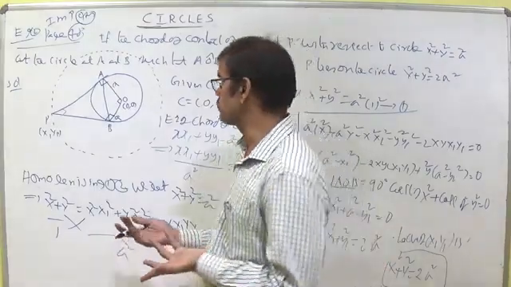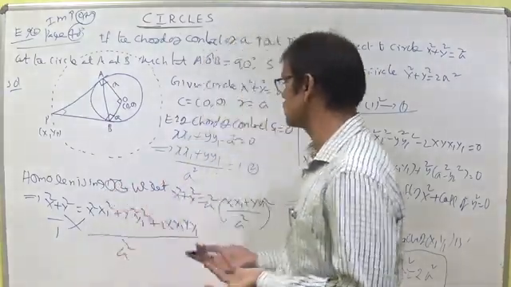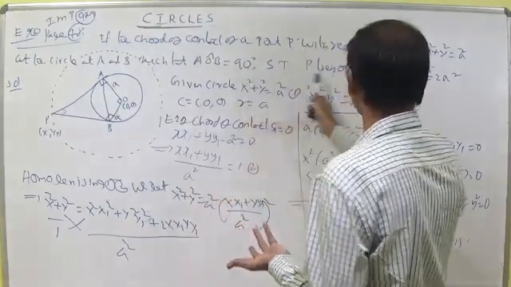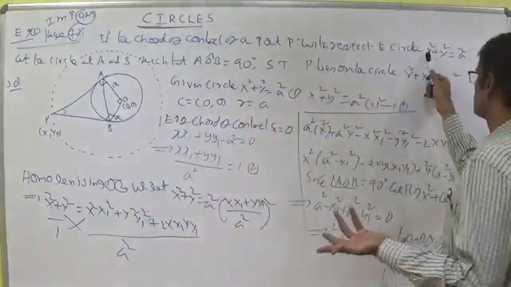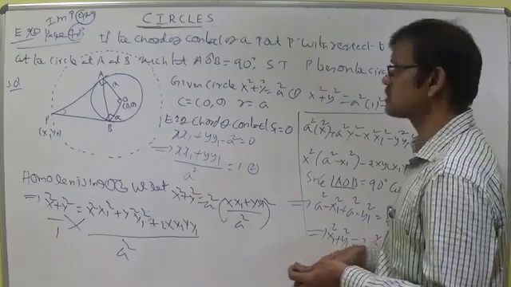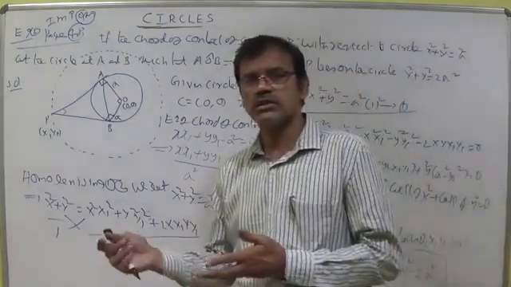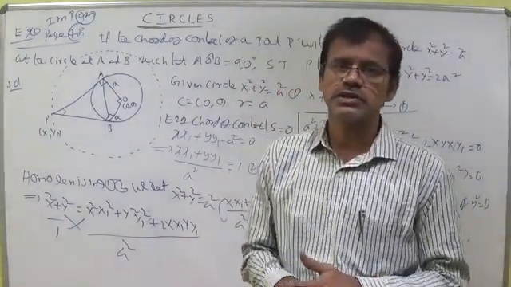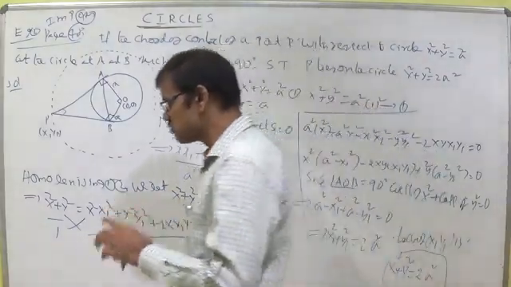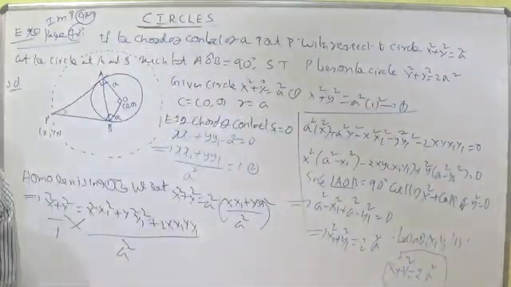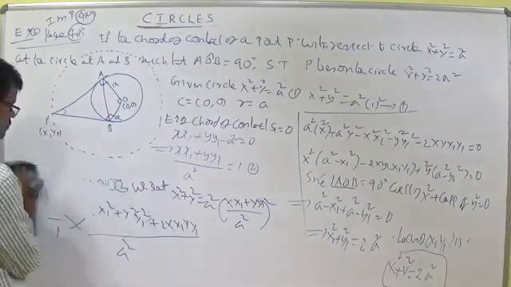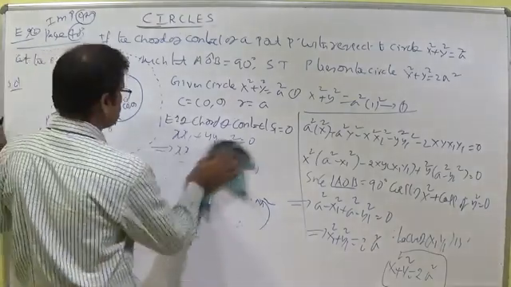R square is equal to s11, where r square here is a square, and s11 means x1 square plus y1 square minus a square. Using this, x1 square plus y1 square minus a square is equal to a square, so it becomes x square plus y square is equal to 2a square. That is a simple proof. Whichever is easy, you follow.